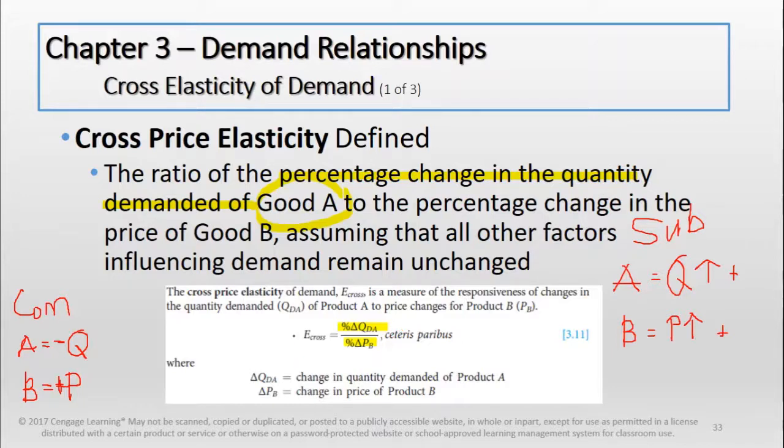If your elasticity here is positive, and the higher your elasticity, the closer substitute goods the two are.